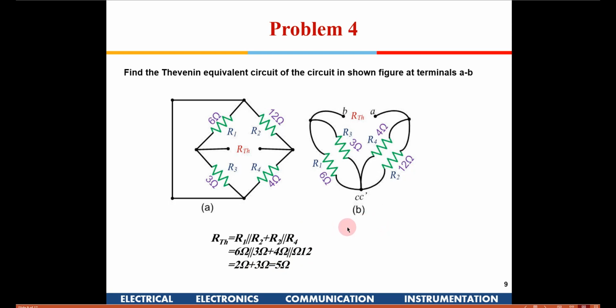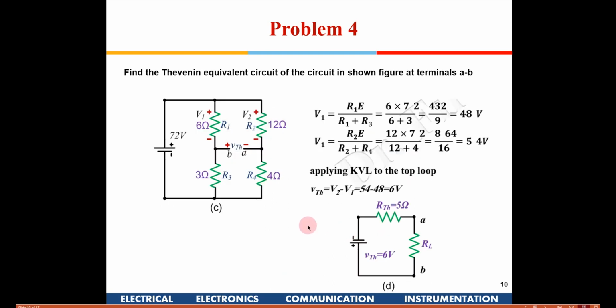Okay. Yes, sir. Now let's take one more problem. Find the Thevenin equivalent circuit shown in the figure. If you see these two branches, irrespective of the current which flows here, the terminal voltage across this top and bottom rails is 72 volts, because there is an ideal voltage source placed here.